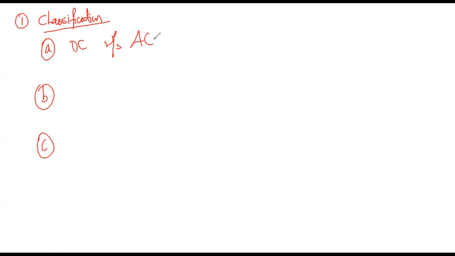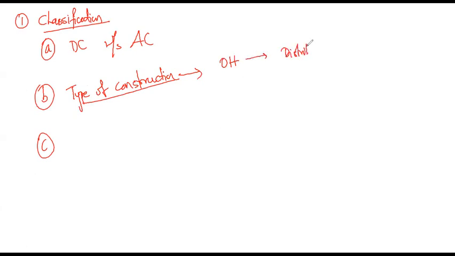Next one, you will be having the type of construction. So how you are able to construct it. One is the overhead construction, which is the overhead distribution network, and next you will be having the underground distribution network.